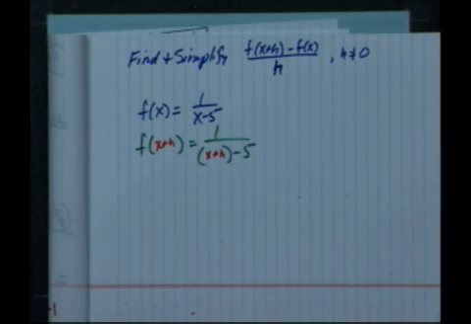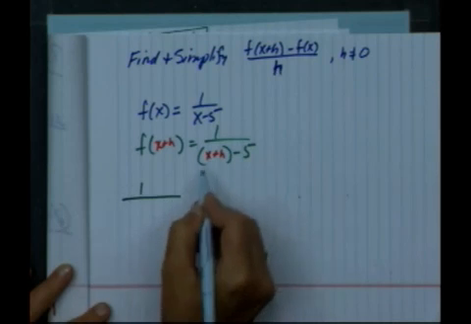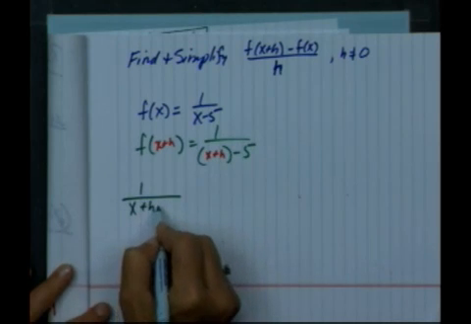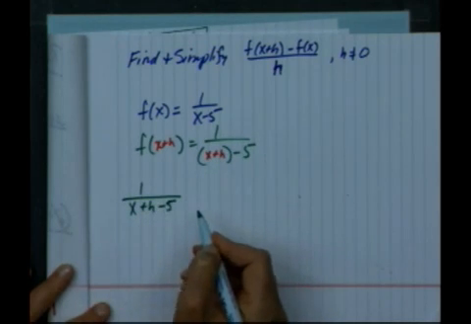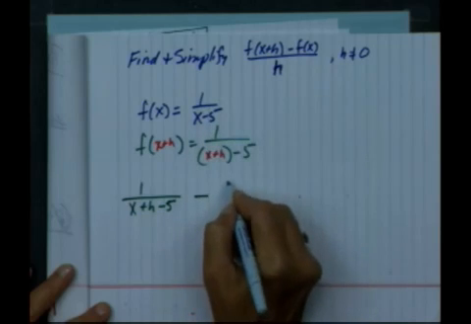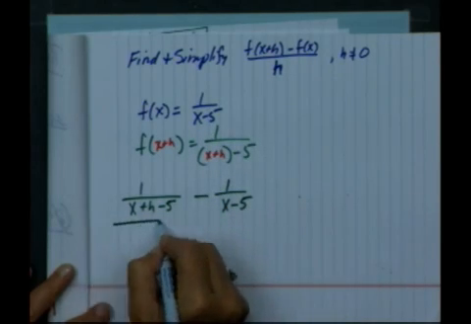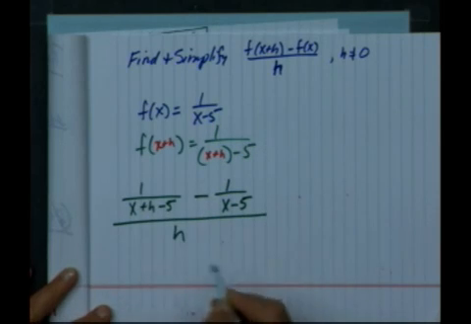So our problem will be f of x plus h, which is 1 over x plus h minus 5, minus f of x, your original problem, and we're going to divide the whole thing by h.